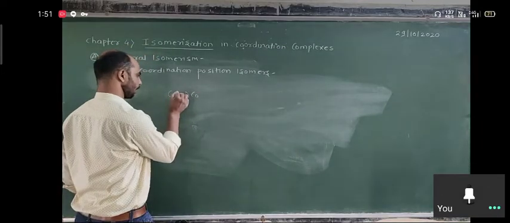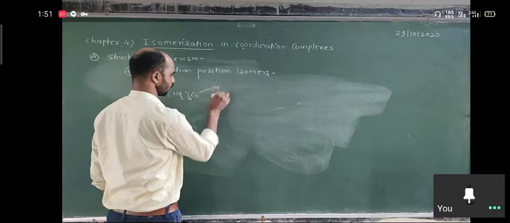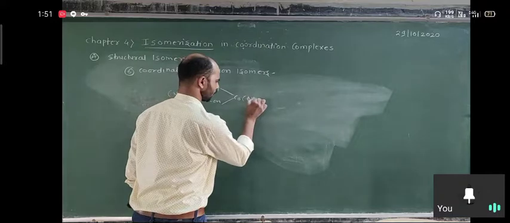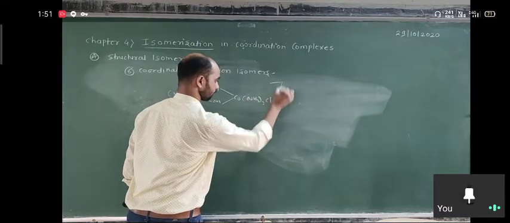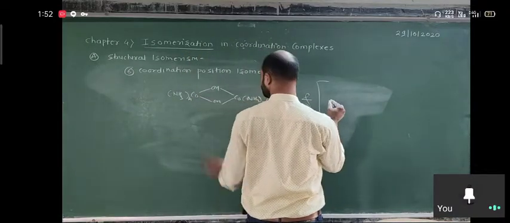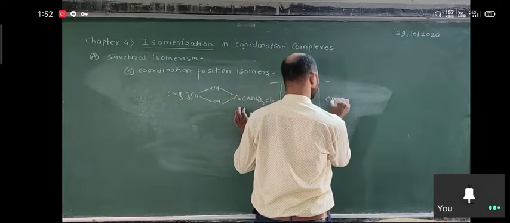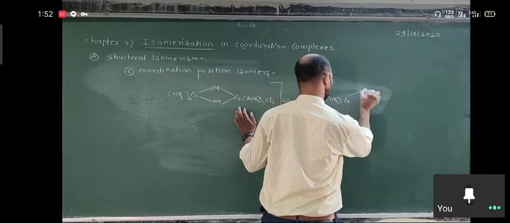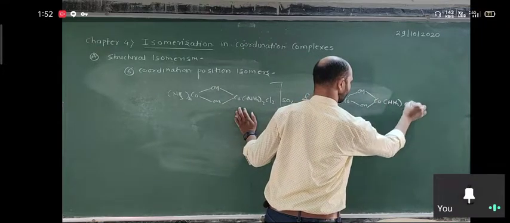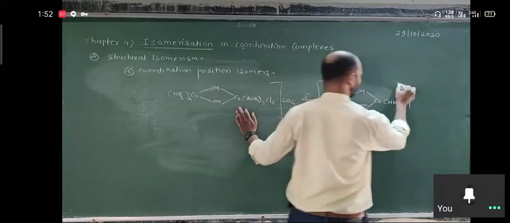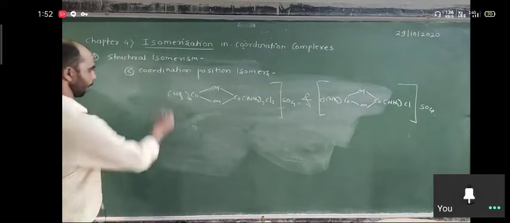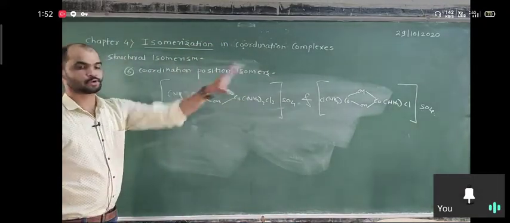Co(NH3)4(OH)2Co(NH3)2Cl2 SO4, and the second isomer. Look at here, both have the same molecular formula.